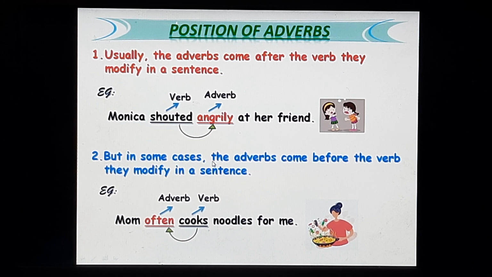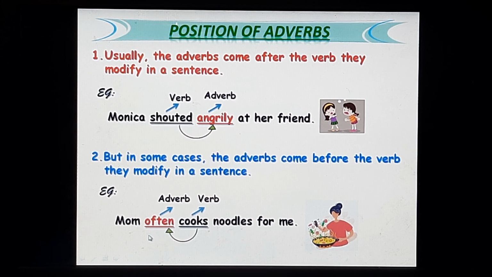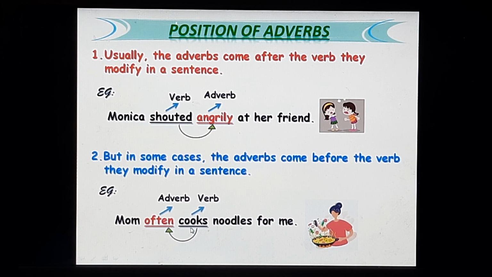But in some cases, the adverbs come before the verb they modify in a sentence. Let's see this example. Mom often cooks noodles for me. Cooks is a verb. Cooks noodles how often? Often is the adverb. Now see the position. It is before the verb.